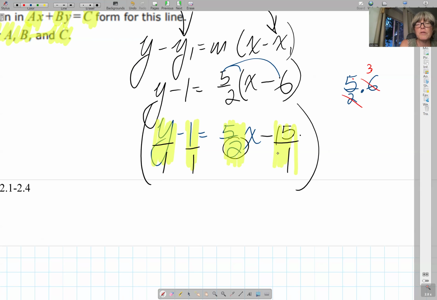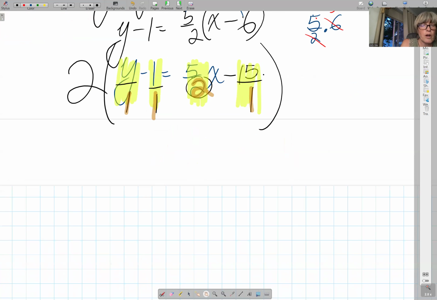Now, big parentheses, my LCD, I have a 1, a 1, a 2, and a 1. So my LCD is simply 2. Arrow in, arrow out. 1 goes into 2 twice, little baby 2.